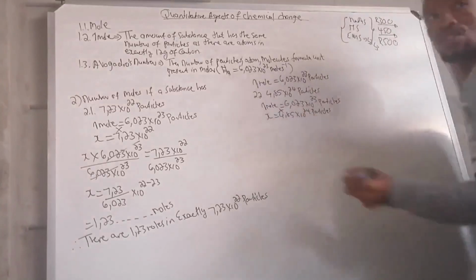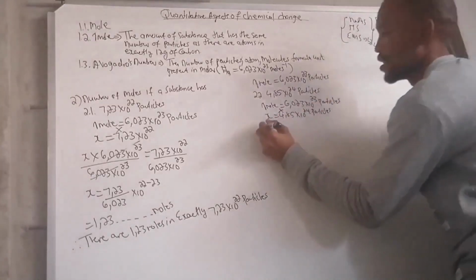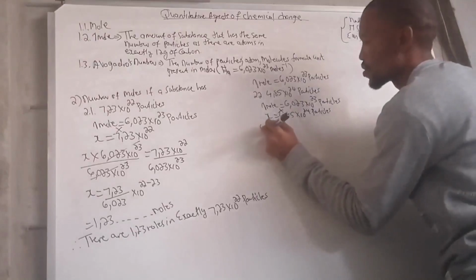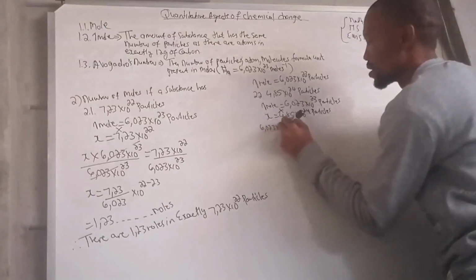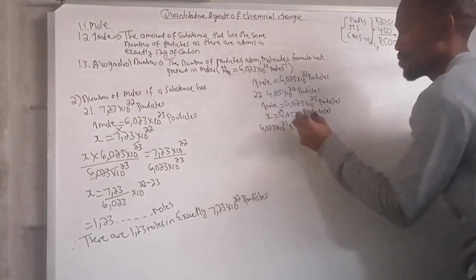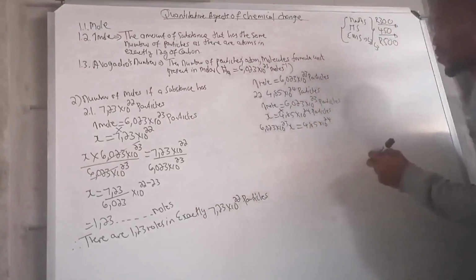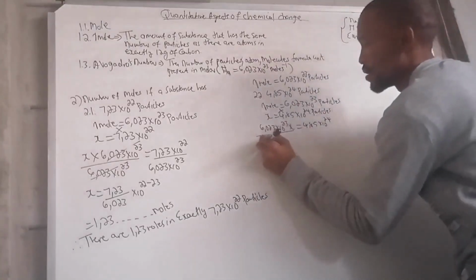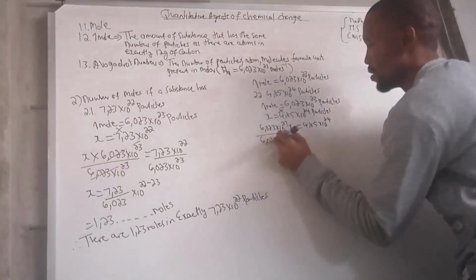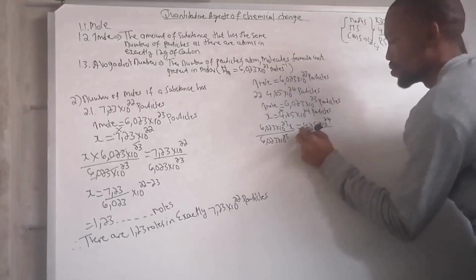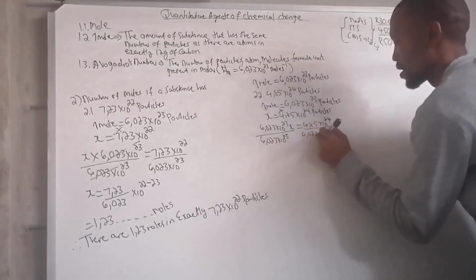It's just a matter of multiplication. 6.023 times 10 exponent 23 times x equals 1 times 4.85 times 10 exponent 24. Then you just divide by 6.023. What you do on the left, you also do on the right.